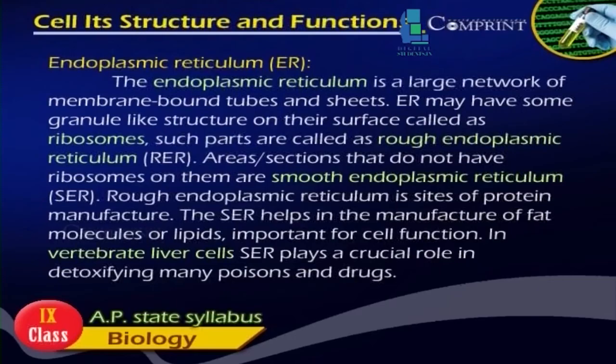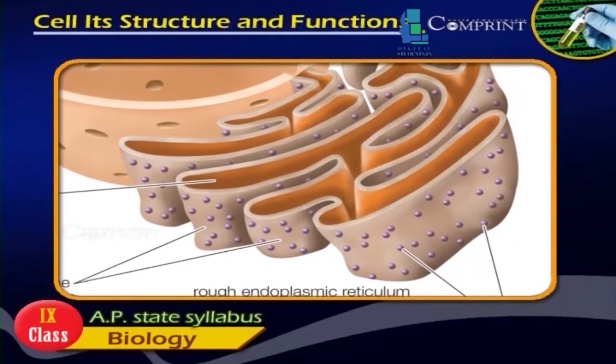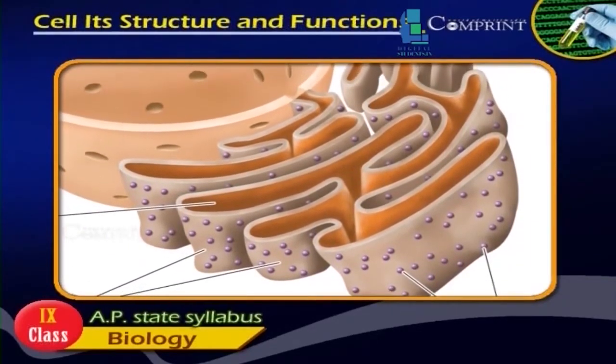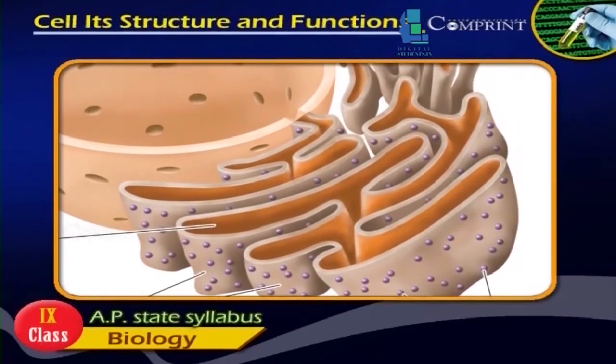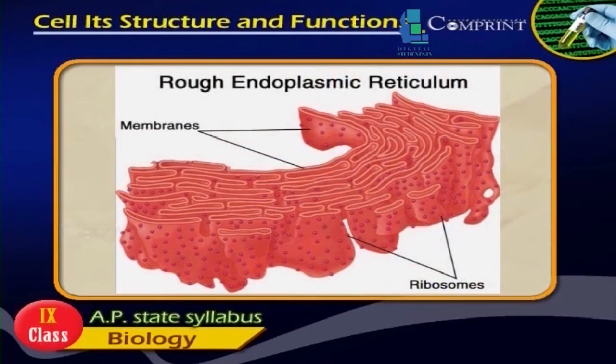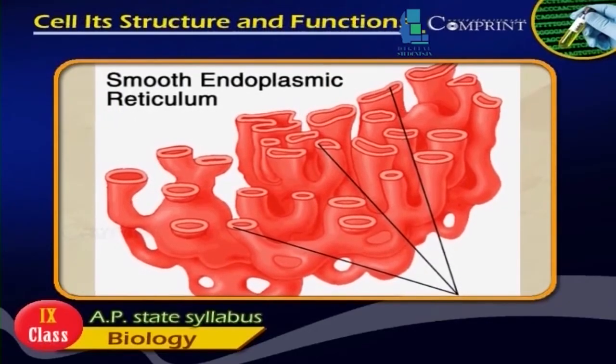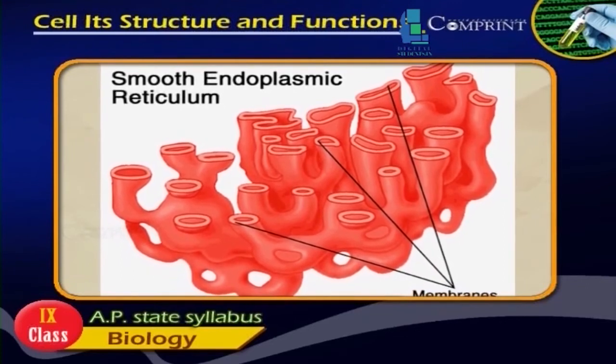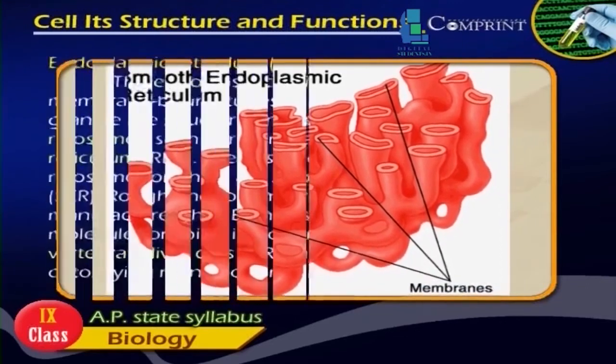It may have some granule-like structures on its surface called ribosomes. Such parts are called rough endoplasmic reticulum. Areas or sections that do not have ribosomes on them are smooth endoplasmic reticulum.